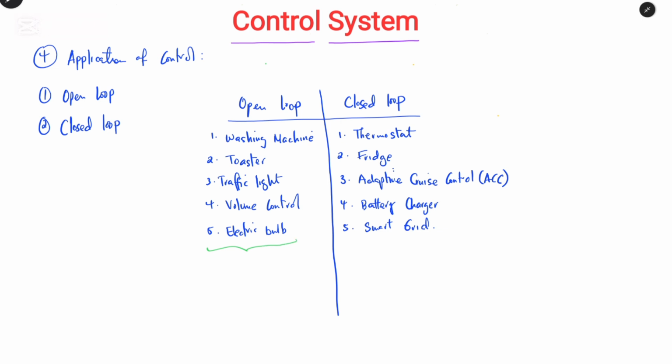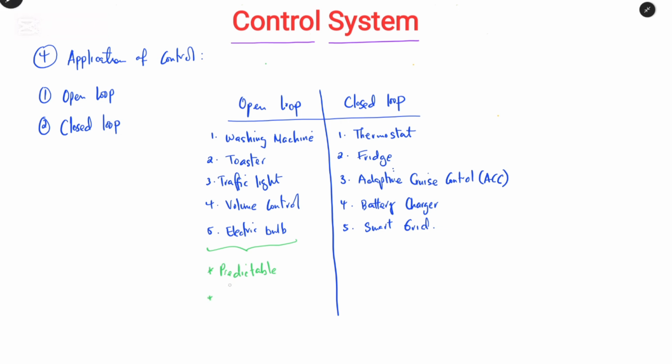In the open loop, when we describe each of these control systems based on the transfer function, or especially the block diagram, we can see that for the open loop, we only use it when the system is predictable. That means we are able to predict the response of this particular system.